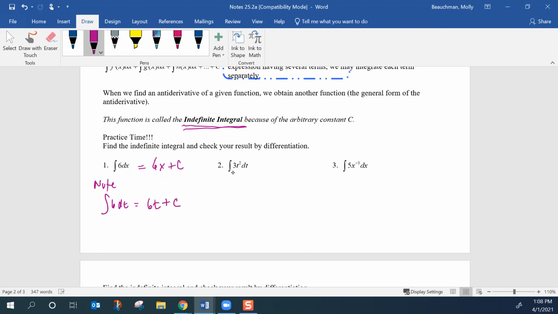All right, next example, the integral of 3t squared dt. Take the constant 3 times the integral of t squared, which would be t to the 2 plus 1 over 2 plus 1 plus the arbitrary constant. That would be 3t to the third over 3. The 3's will cancel. We get t to the third plus c.